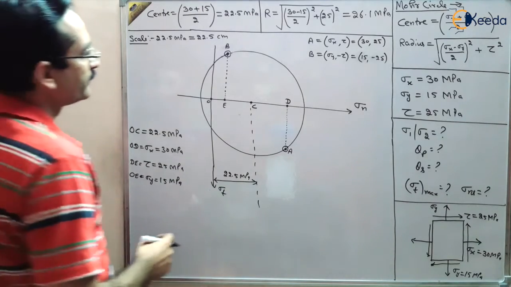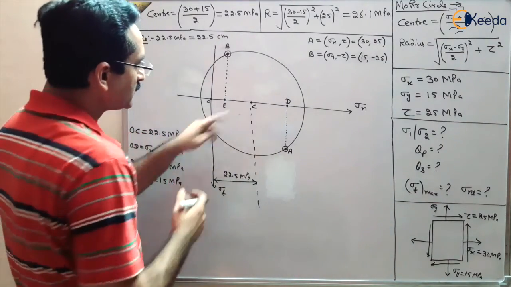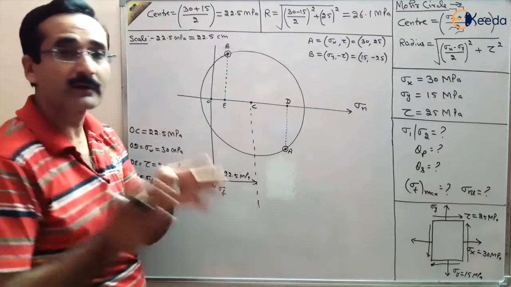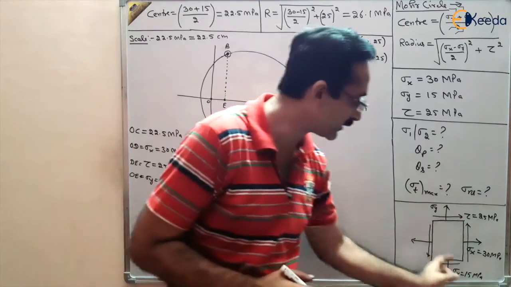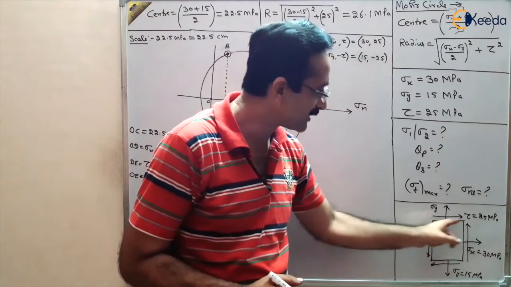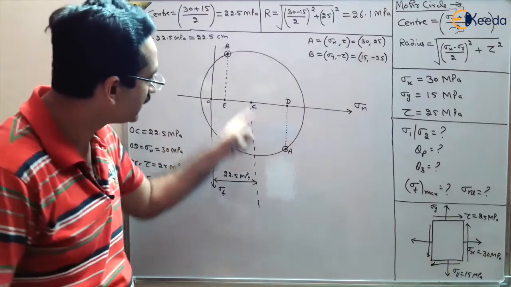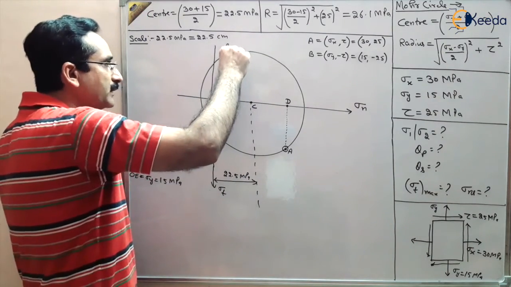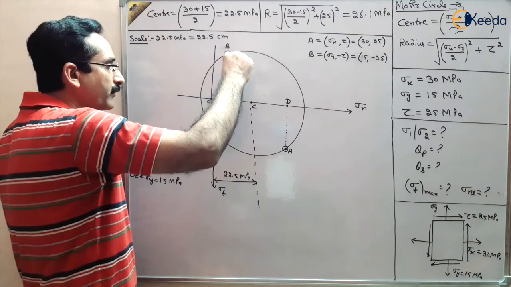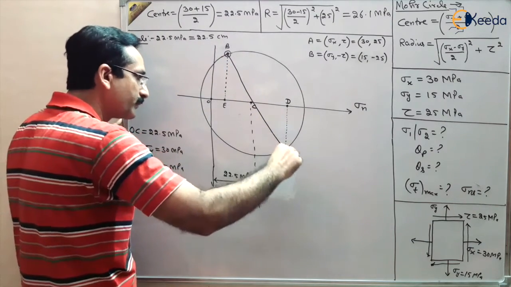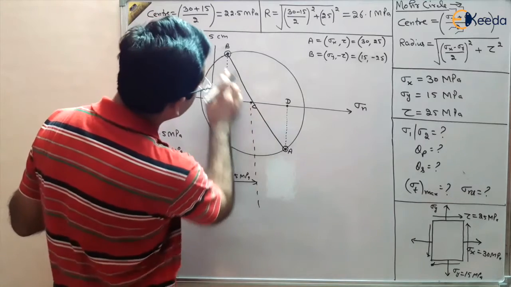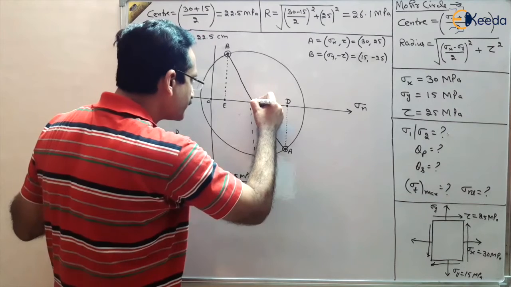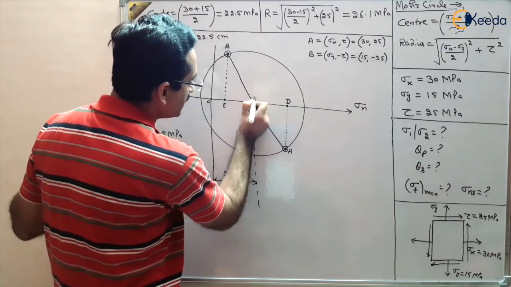And make a circle passing through the center, so you will get the line ABC, which will be our reference line, which is our stress element, right? And here two planes at 90 degrees become 180 degrees here, right? So draw a line from A to B, and you will get this line, passing through point C. This is our point C, right?